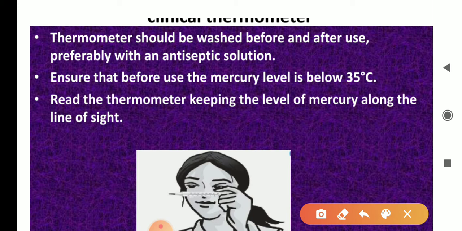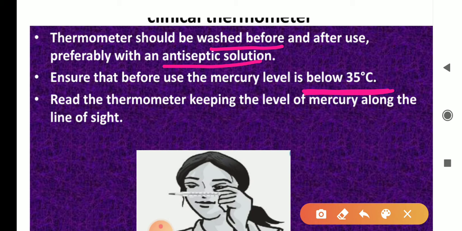When you are going to use it, properly wash it, and after use also you have to wash it with the antiseptic solution. Then ensure that before use the mercury level should be below 35 °C. Give a jerk to your thermometer so that the mercury level will come down, and then you can use it.